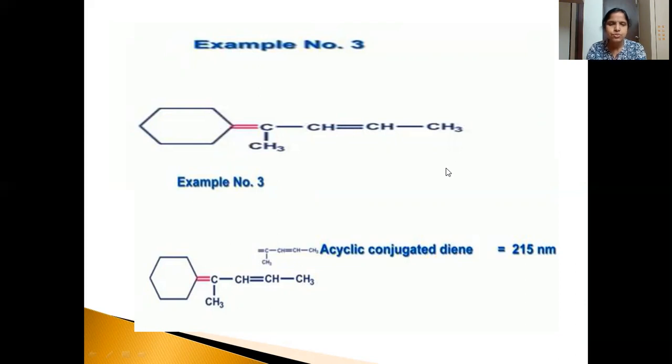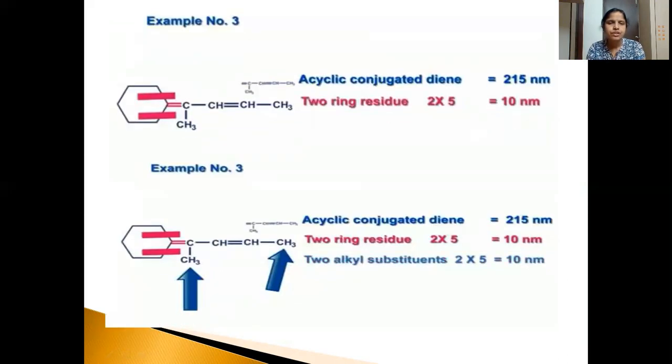For each substituent, whether it may be a ring residue or an alkyl substituent, the increment is 5. So 2 ring residues, 2 into 5, it is 10, as well as 2 alkyl substituents, 2 into 5, 10.